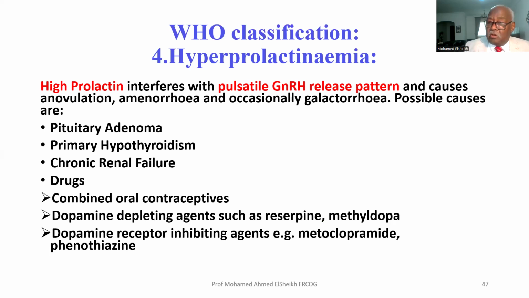These are examples of them, such as reserpine, methyldopa, drugs we use to treat hypertension. Or the third category of drugs, dopamine receptor inhibiting agents, which inhibit the action on the receptors. These are metoclopramide and phenothiazine groups.